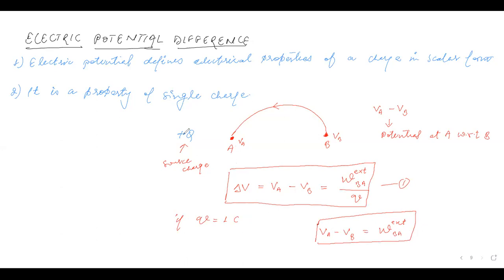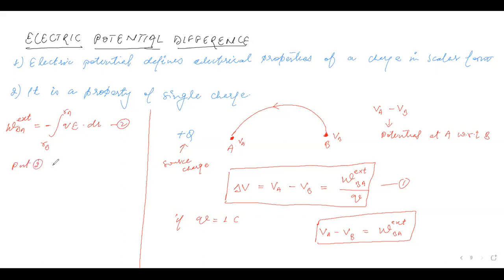In variable form, we can write W of BA. We already know the equation of W of BA external can be written as minus the integration from RB to RA of QE dot dr. This is your equation number 2.